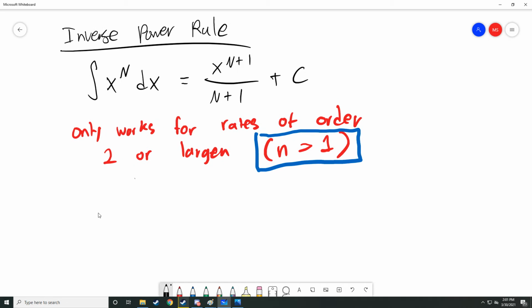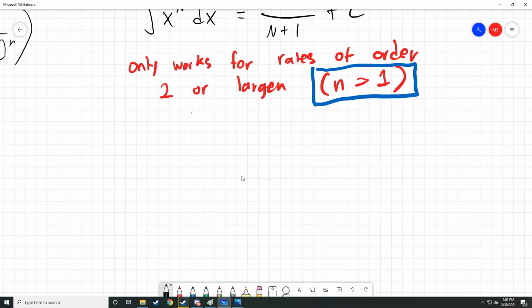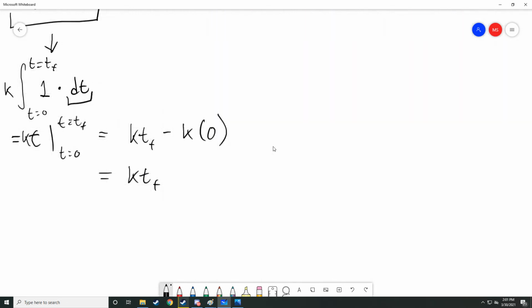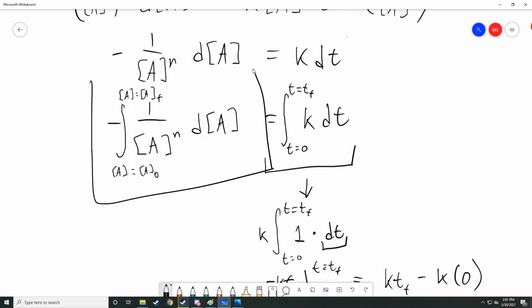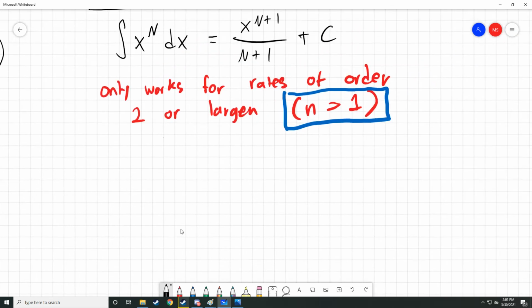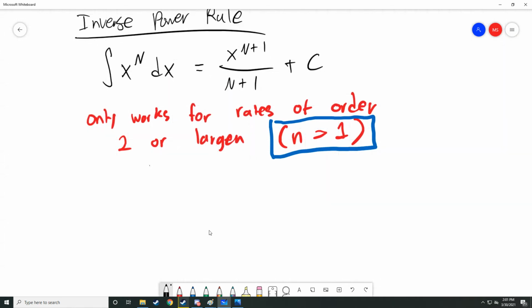All right, so if we continue working, we recall that we already evaluated the right side, and we said that the right side was equal to kt final when we integrated it. And now we're working on evaluating the integral of the left side. So I'm going to rewrite that, and we're going to use the inverse power rule to evaluate that.